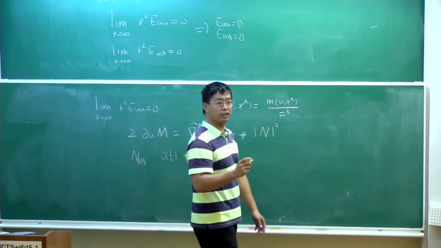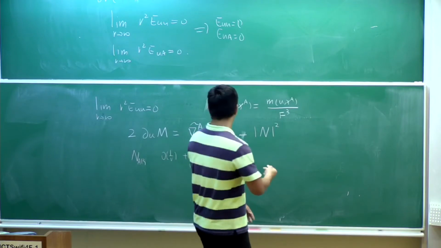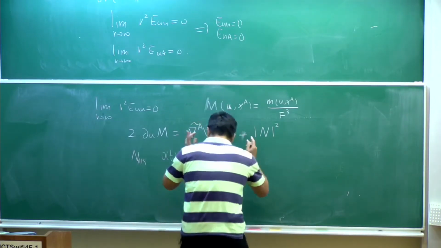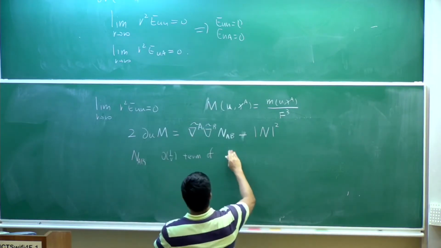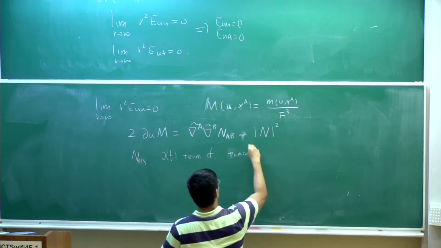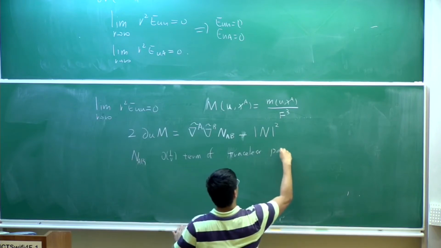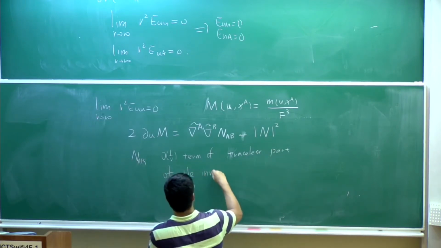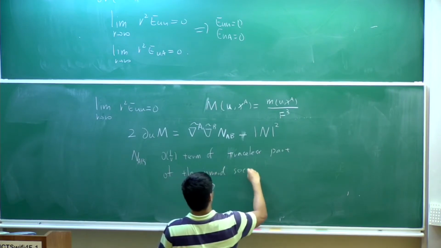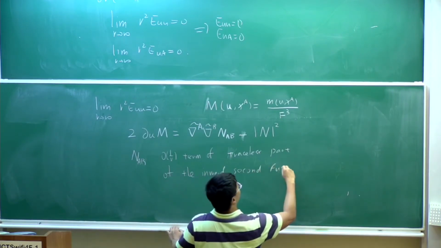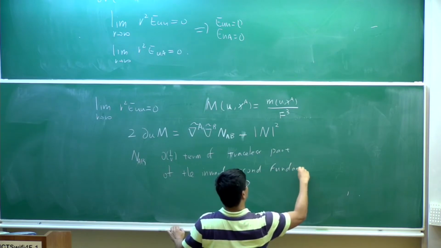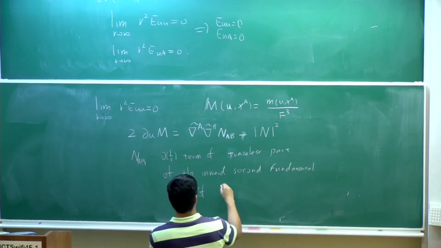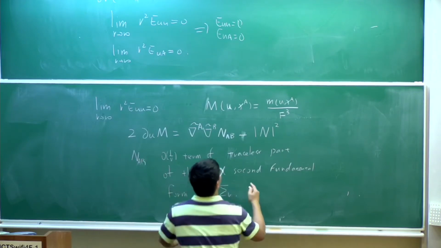where N is the 1 over R term of the surface sigma R, of the inward traceless part of the inward second fundamental form of a level set.